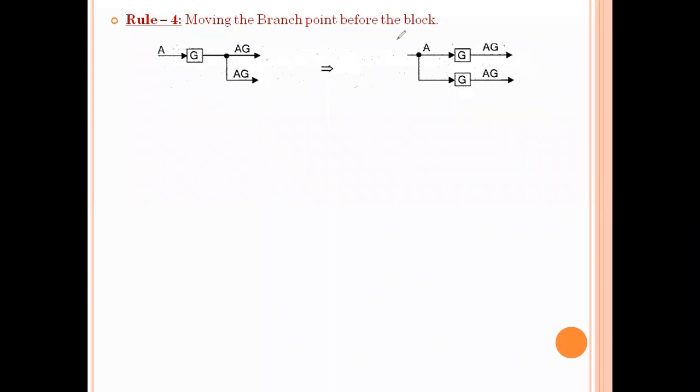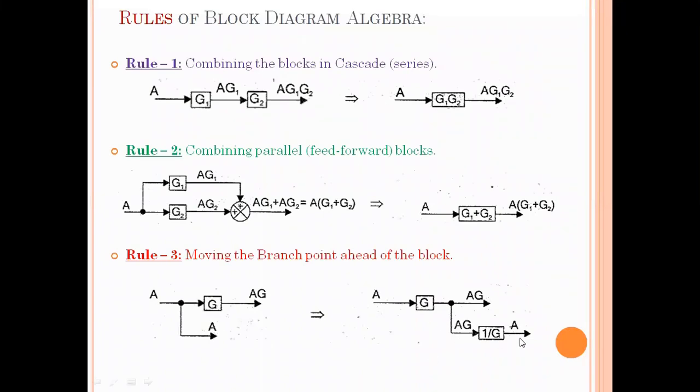Which is the reverse of rule number 3. Here we need to multiply with G. So moving the branch point to before the block, we need to multiply, or we need to add a block with the gain G. In the previous rule, which is the inverse, we need to add the inverse gain here, 1 by G, because we are moving from left side to right side, which is ahead of the block, which is rule 3.